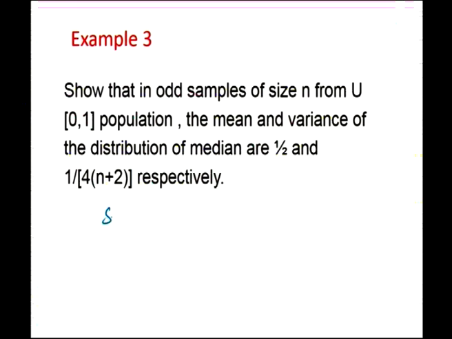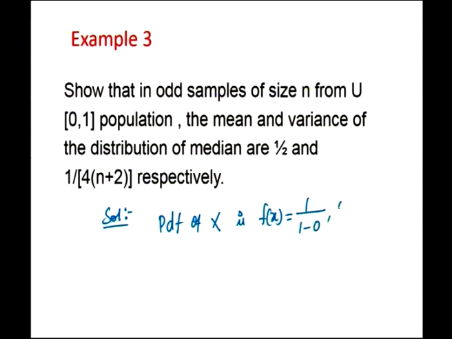First of all, we shall write down the PDF of the population. PDF of x is f of x is equal to 1 by (b minus a). It is 1 by (1 minus 0) for 0 less than or equal to x less than or equal to 1. So, therefore, f of x is equal to 1 for 0 less than or equal to x less than or equal to 1.